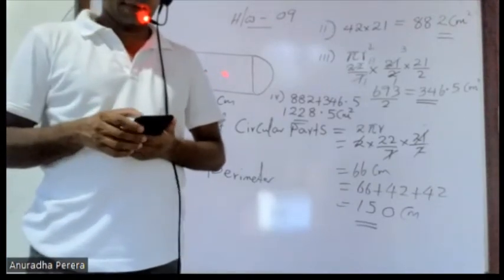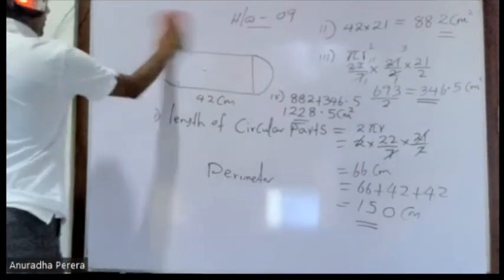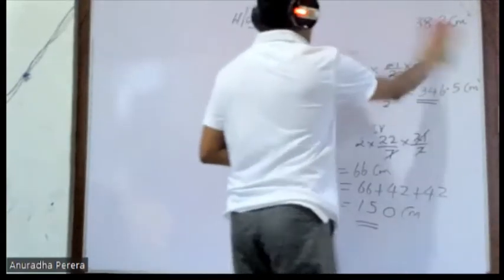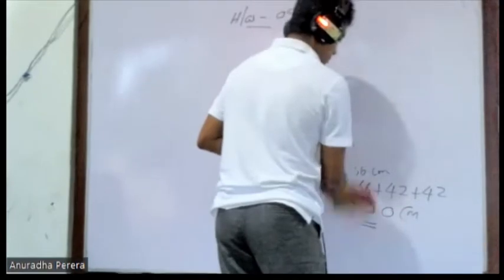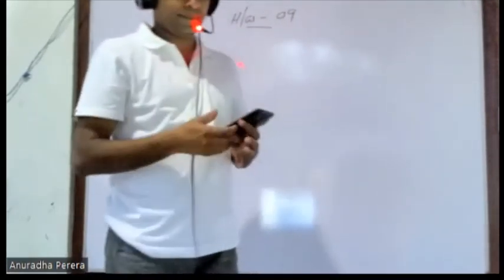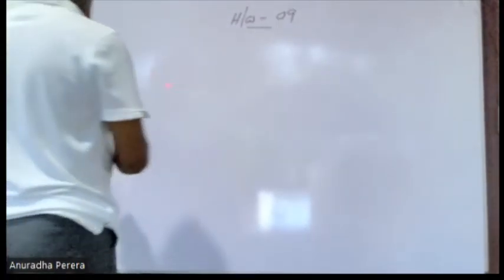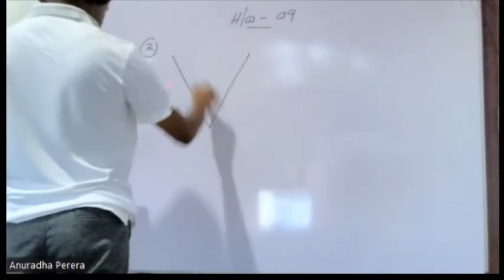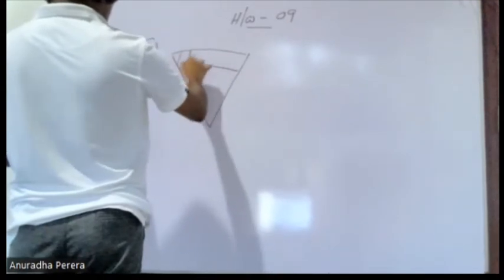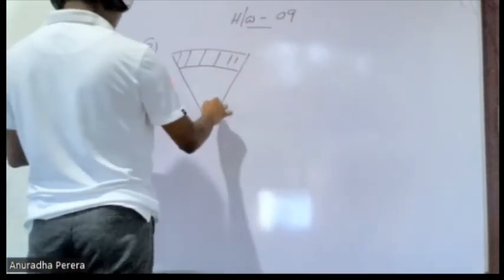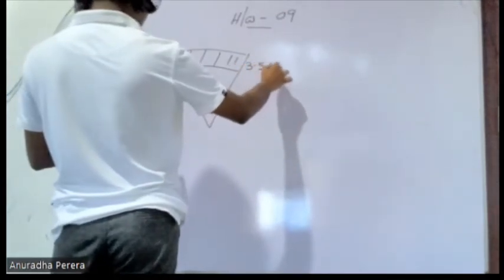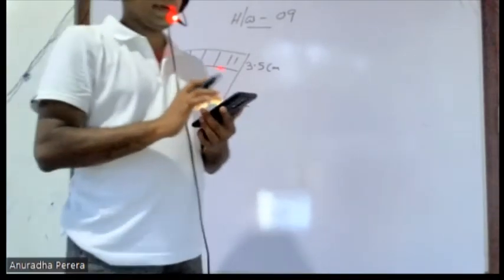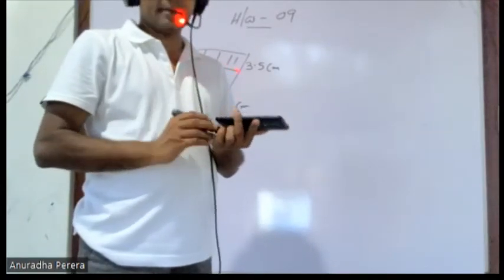Second question. According to the given figure, find the perimeter of the shaded part.